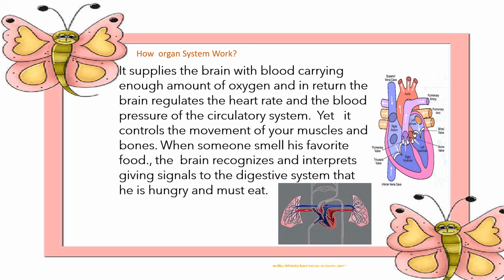Right? Even the smell alone can dictate to our brain that it will give signals to our empty stomach that we must eat. Okay. So this is how organ systems work together.